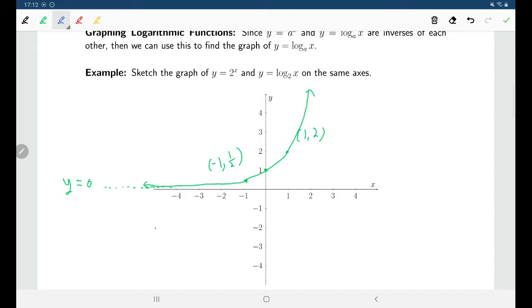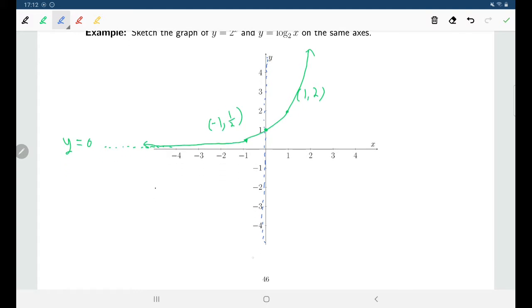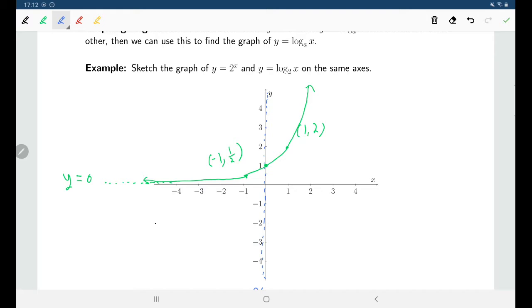Now, I'm going to do in blue the graph of log base 2. The first thing is, since the exponential function had a horizontal asymptote y equals 0, my logarithmic function will have a vertical asymptote x equals 0. I'm drawing this in blue just in case anyone's feeling weird that it looks like something is crossing this vertical asymptote.